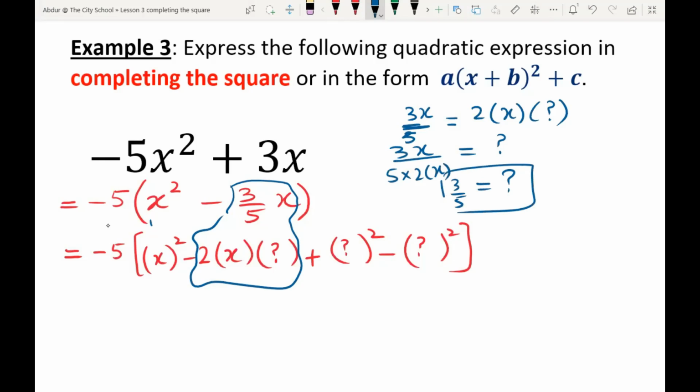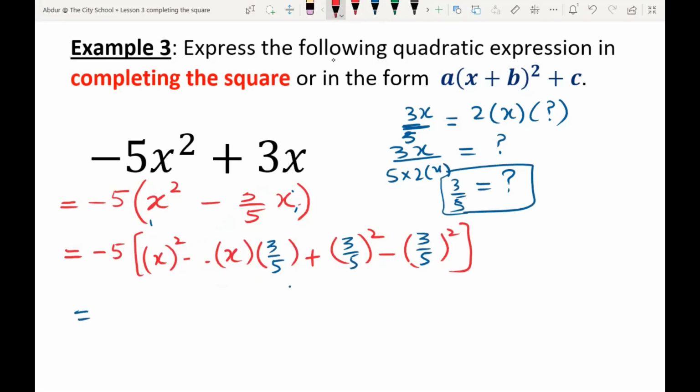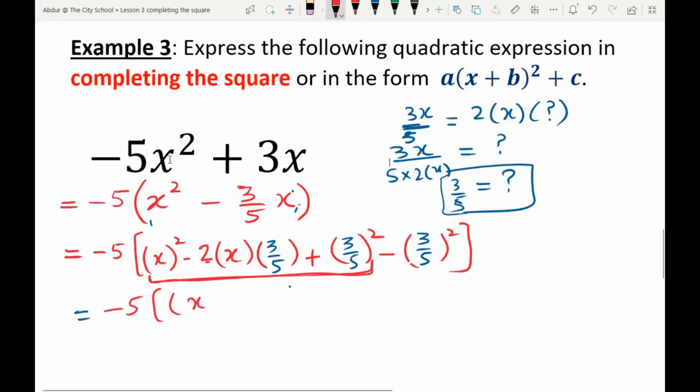So x square, this is 3 over 5. Using an identity here, minus 5, a square minus 2ab plus b square will be a minus b whole square.